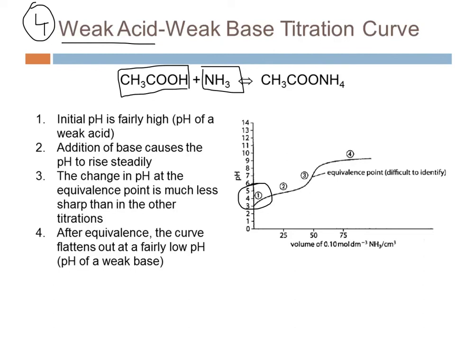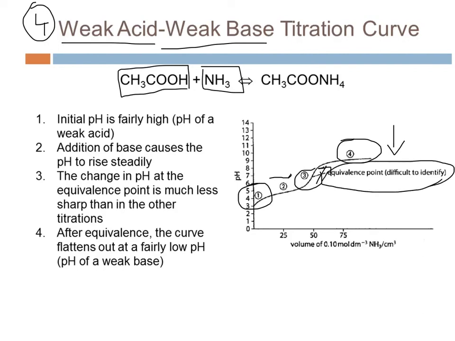Addition of base causes the pH to rise steadily. The change in pH as we reach the equivalence point is much less defined than other titrations. And finally, after equivalence, the curve flattens out, but again at a lower pH because it is a weak base. The equivalence point for these titrations is very difficult to identify.